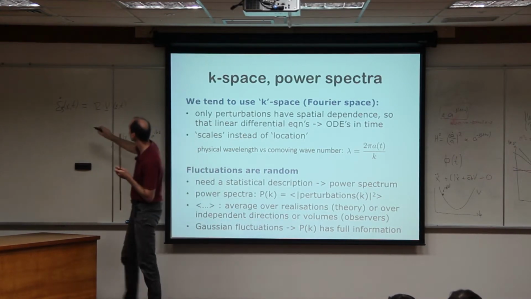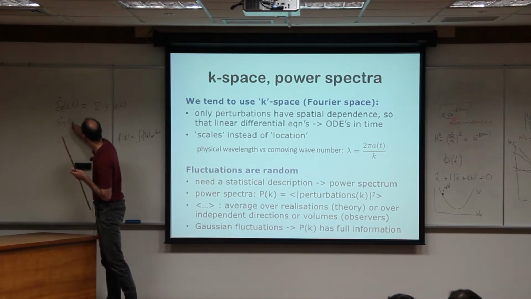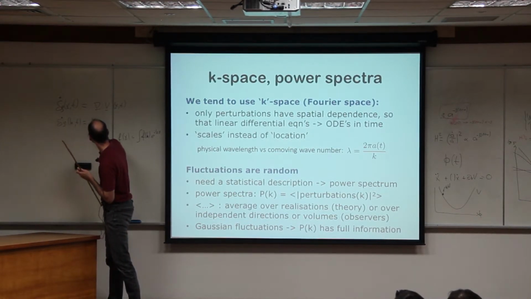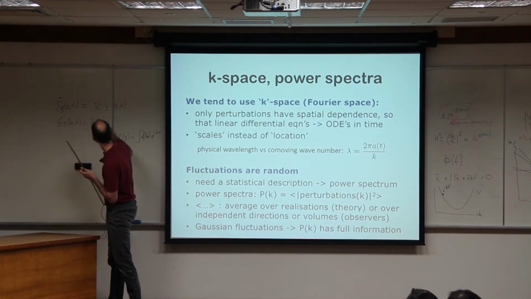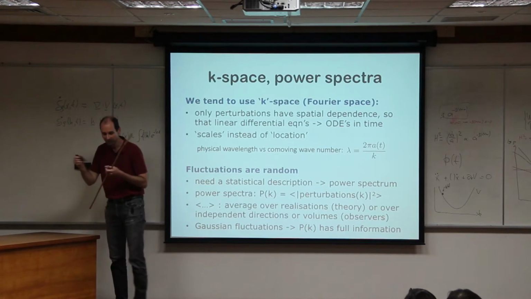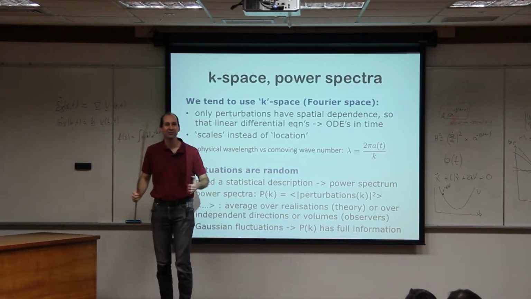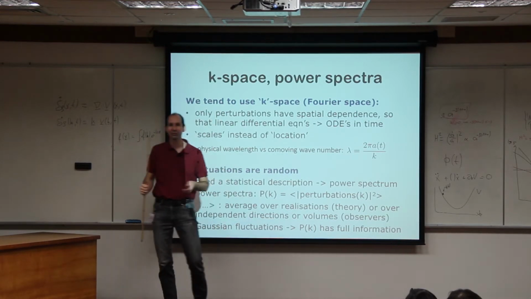And so in Fourier space this equation becomes something like delta rho dot of k and t equals k dot v of k and t, where this is now in Fourier space. And these are much simpler equations. I prefer multiplications over derivatives.